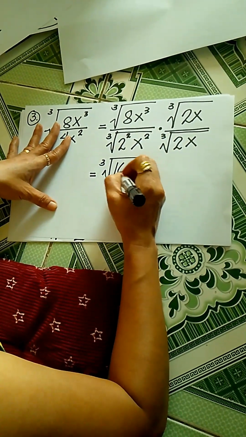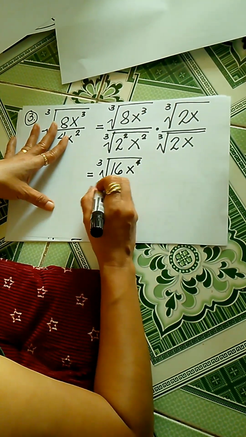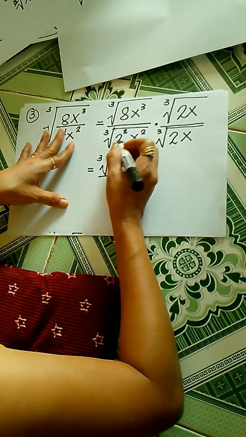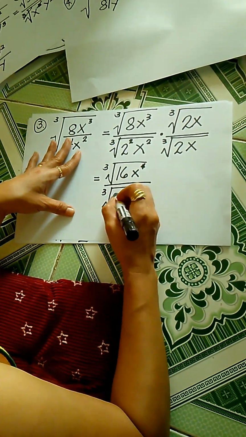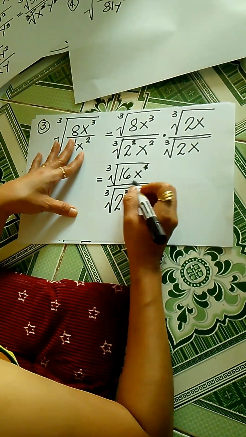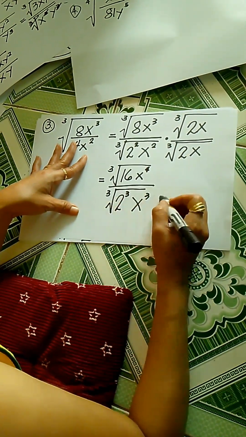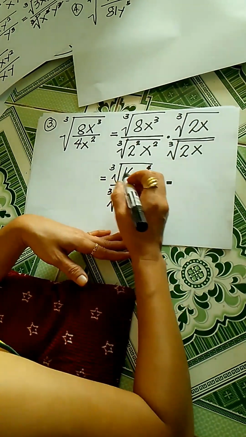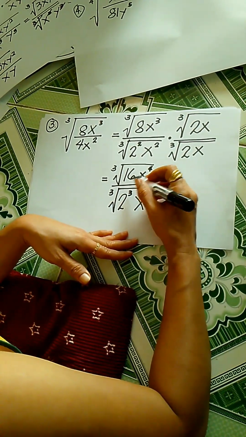Huwag kalilimutan ang ating index. So, 8x cube times 2x is 16x raised to 4. And then, cube root of 2 square times 2 is 2 cube. And x square times x is x cube. Yan.